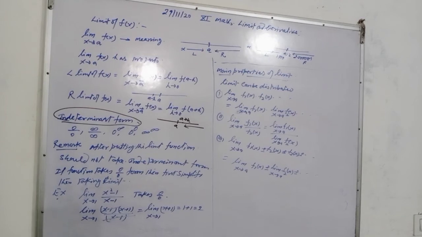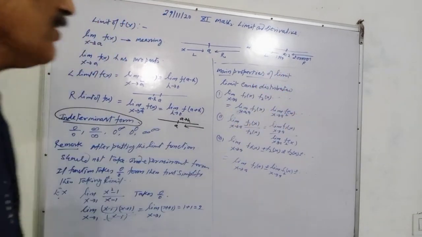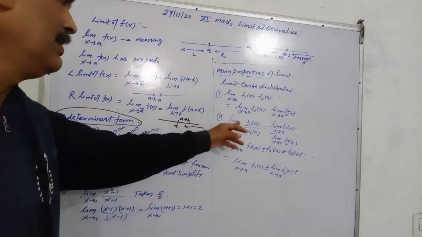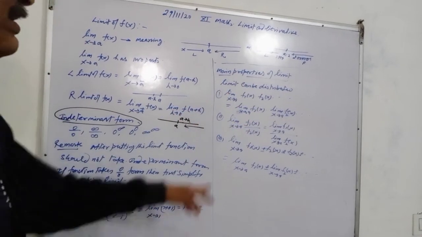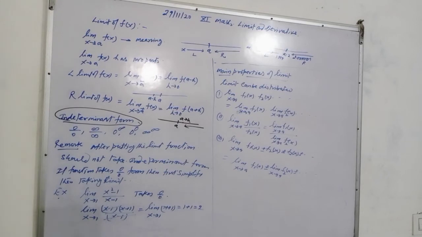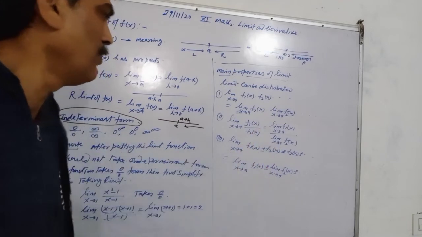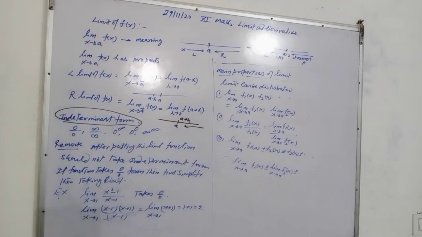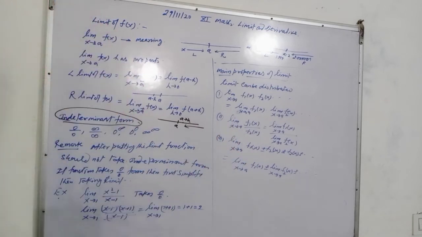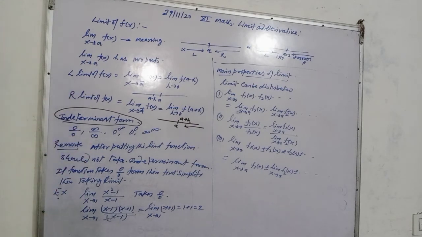Then you can take the limit separately: limit of f1(x) times limit of f2(x) and so on. For a quotient, limit x tends to a of f1(x) upon f2(x) is the limit of the numerator upon the limit of the denominator. For addition or subtraction, f1(x) plus or minus f2(x) and so on, you can also take the separate limits.